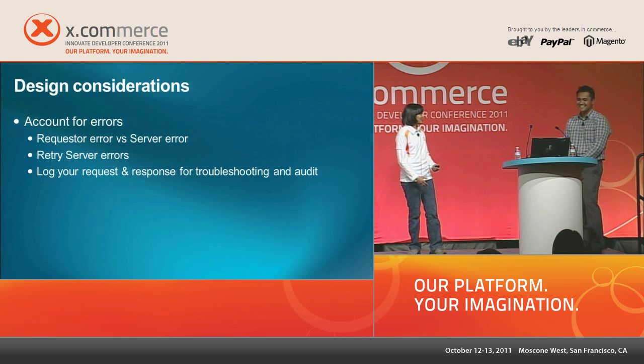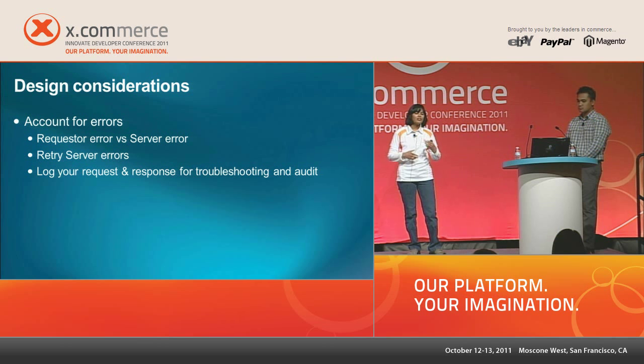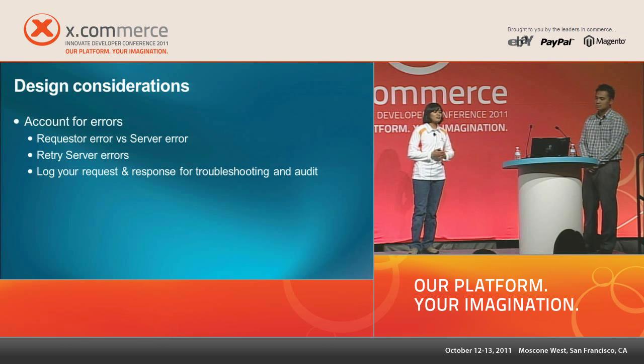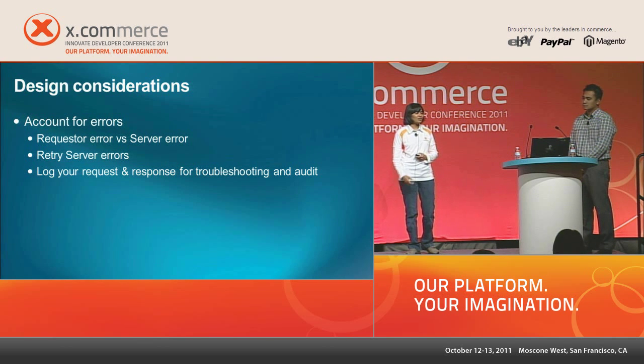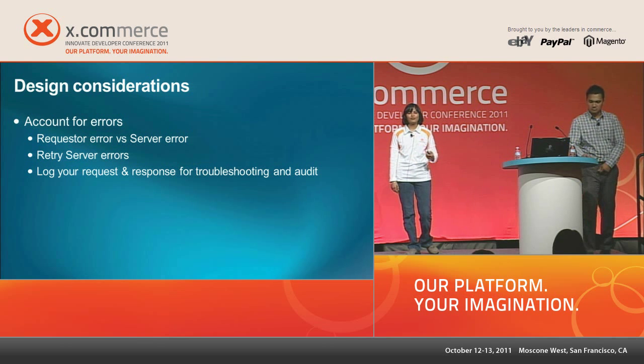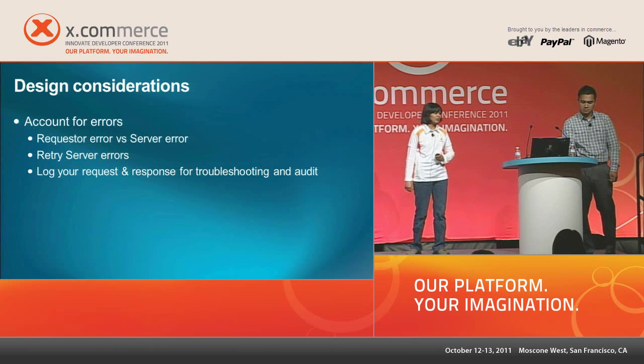So we want to make sure that our applications are robust, and anytime you run into server errors, make sure you retry a couple of times so that your application can recover from those errors. We do have monitoring systems in place to make sure that our servers are functioning as expected, but there can be those occasional instances where we may not catch it. So it's something for you to think about and build in your application.